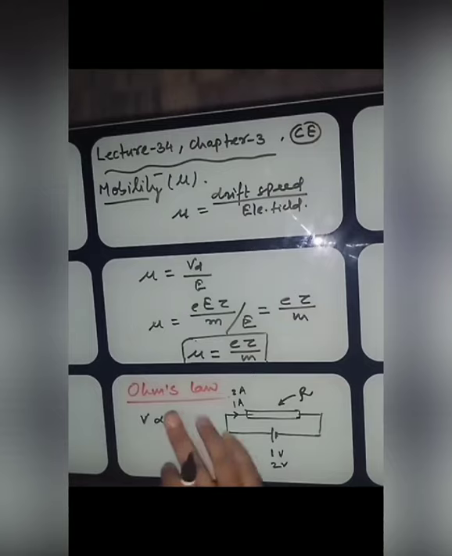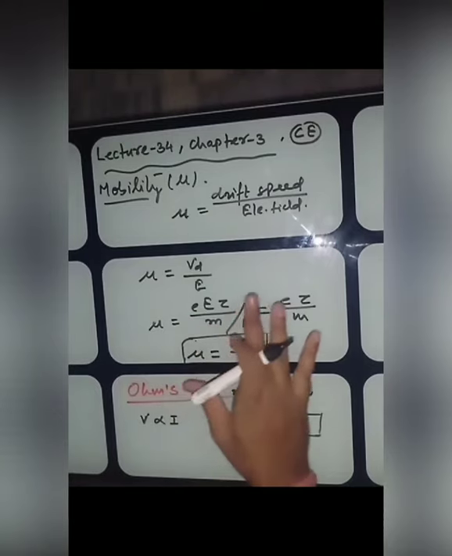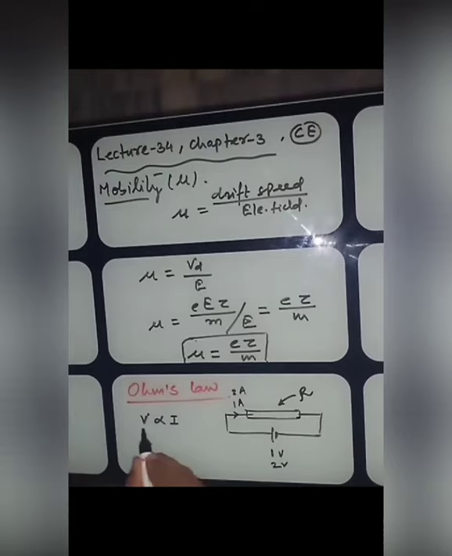But for ohmic conductors, that is the metals, he found that V is directly proportional to I. After each experiment he found that for different conductors there was a certain constant. He observed V equals a constant R times I, and famously it is written as V = IR.